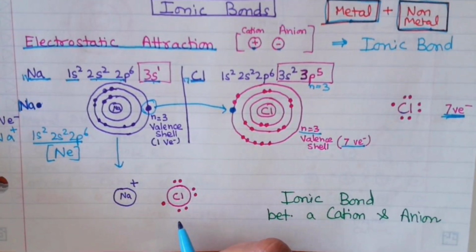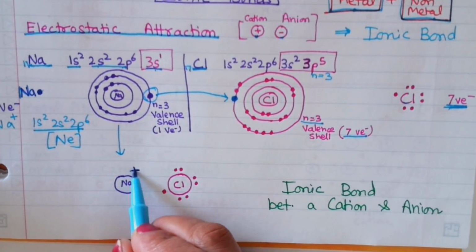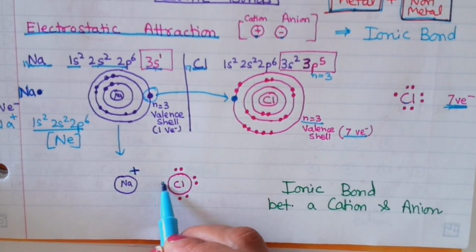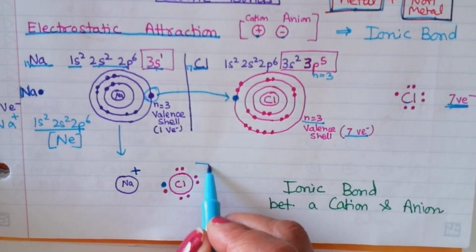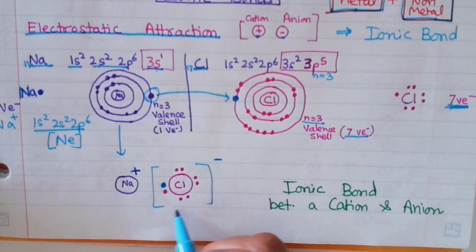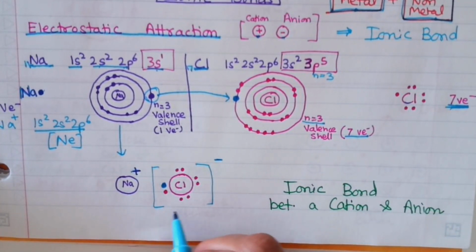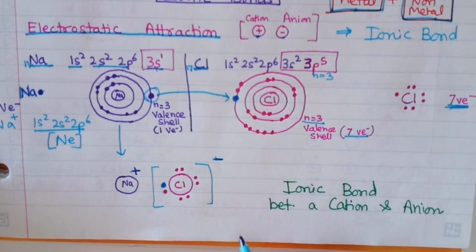So we can draw it here. Sodium lost one valence electron and it has a positive charge now. Chlorine gained the electron donated by sodium and it becomes a negatively charged ion. Since it has so many valence electrons, we can put them in square brackets and put the charge on the chlorine atom, right?